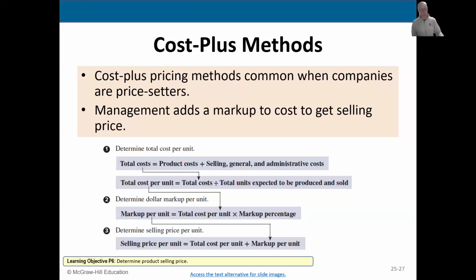Then step three, we take the total cost per unit plus the markup price per unit that we got from step two. That gets us to the sale price. We call that the cost plus method. Very commonly used. We're basically just building in the desired margin.